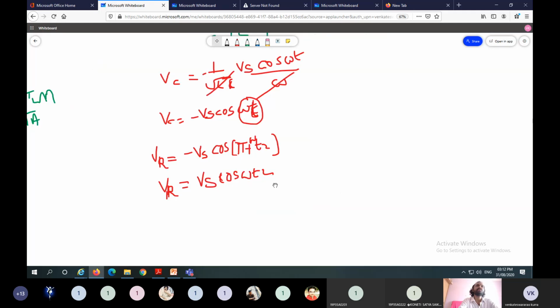Now we need to calculate T2. This one is the reverse voltage.